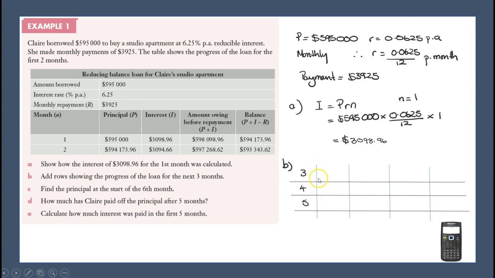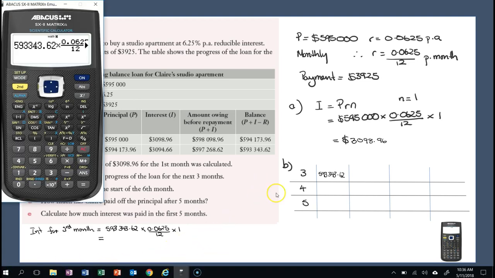The next column will be the amount owing, the interest plus the amount owing in this column, and then the balance in the final column. Okay, so you can see that I've transferred the amount into what's owing at the beginning of the third month, because that was the balance at the end of the second month.